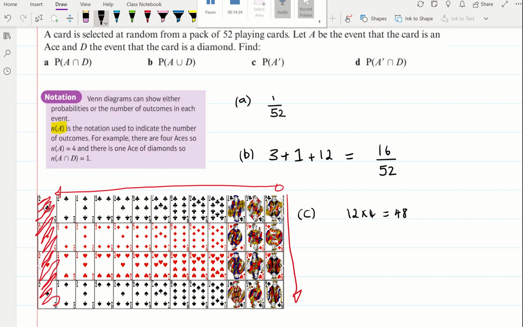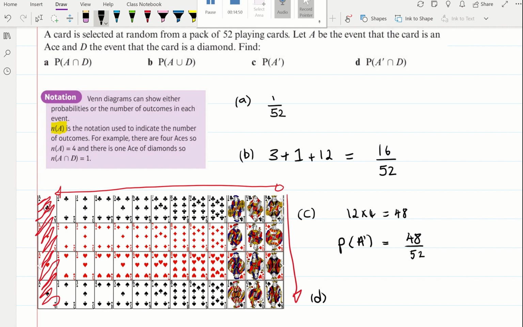I have 48 cards, and so the probability of not getting an ace is 48 out of 52. And then the last one is the probability of not getting an ace, and it's the intersection of D.